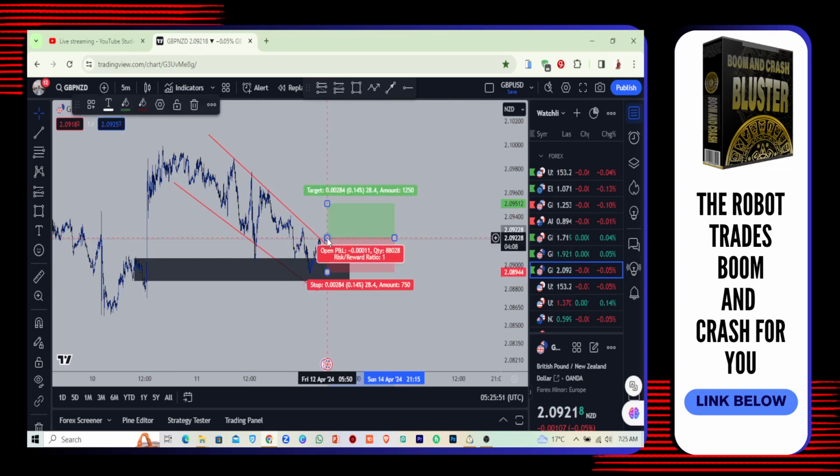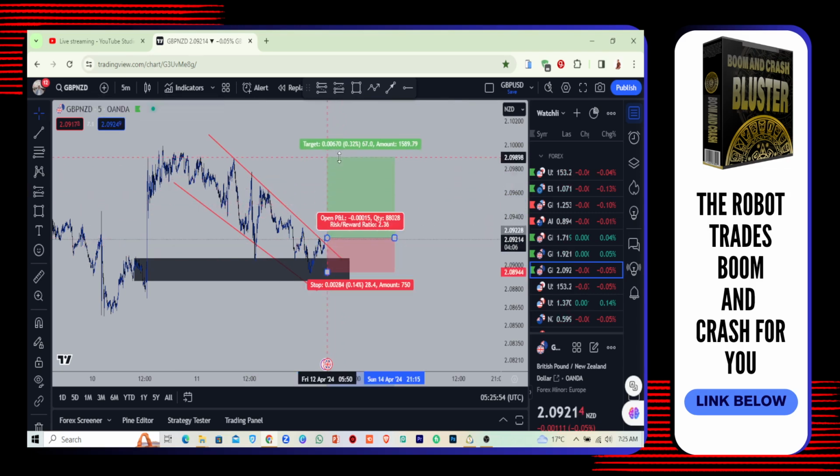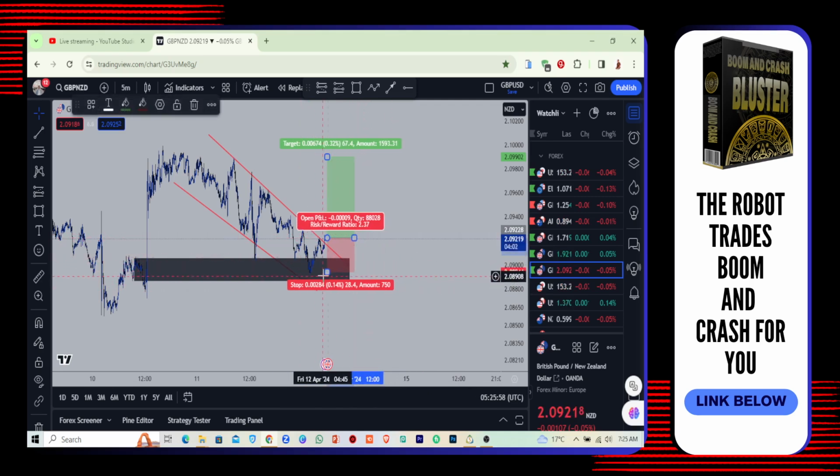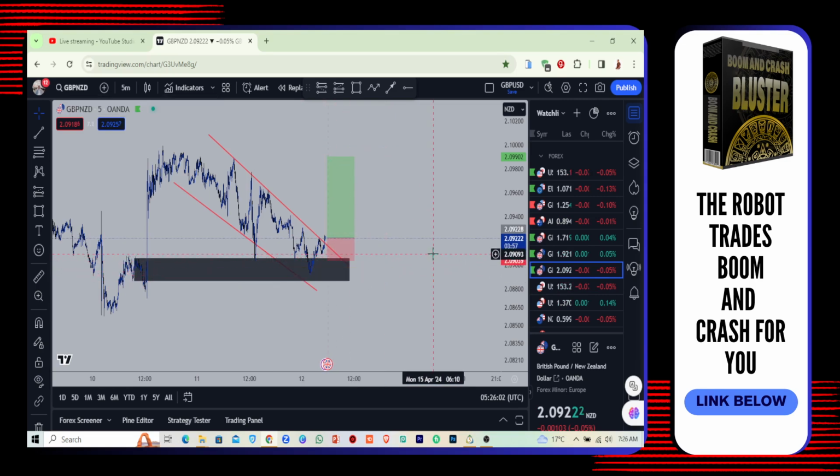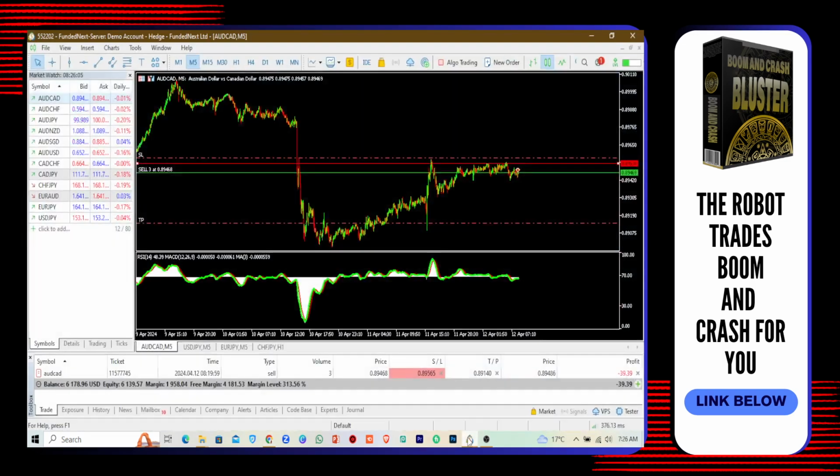As I already have placed another trade, I think I will skip this one, but let me just place it because it looks good to me. So I will put something like this with low risk.